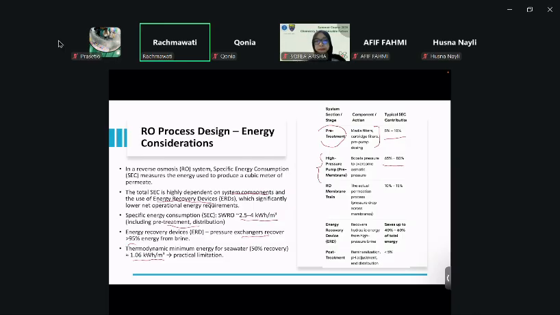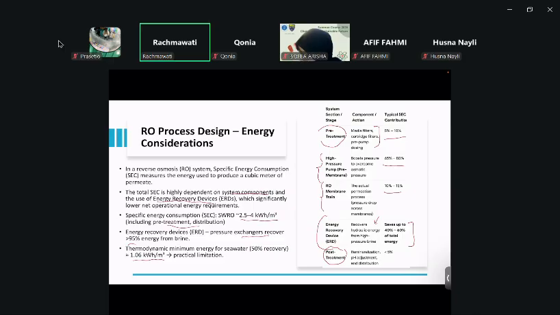It might be the highest consumption there, around 65 to 80%. Then you have the membrane system, the reverse osmosis, which might consume 10 to 15%. You also have the energy recovery devices, which recover hydraulic energy from the high pressure brine. It might step up to, let's say, 40 to 60% of total energy.